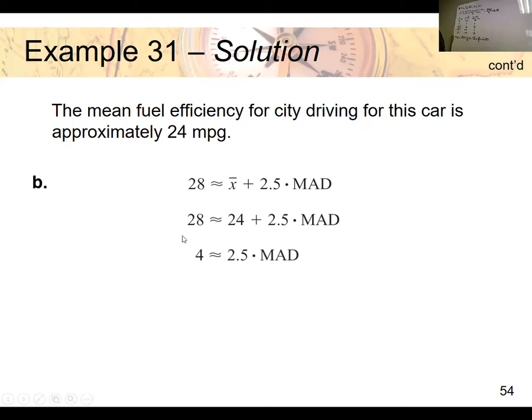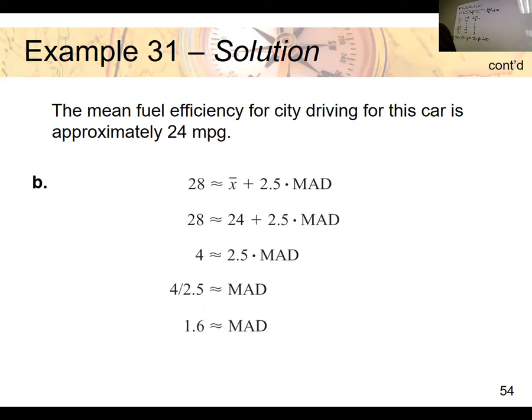What they did here was subtract 24 on both sides. They didn't show that here, but they subtracted 24 on both sides. That's going to be 4 is equal to 2.5 times the mean absolute deviation. And to get the mean absolute deviation, we're multiplying it by 2.5, so we need to divide by 2.5 to get 1.6. So 1.6 is approximately the mean absolute deviation.